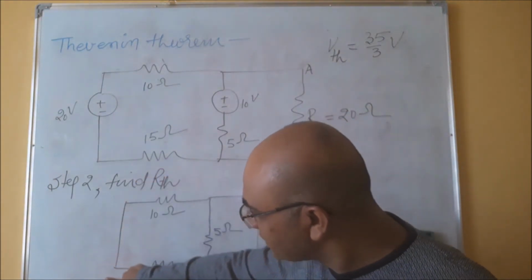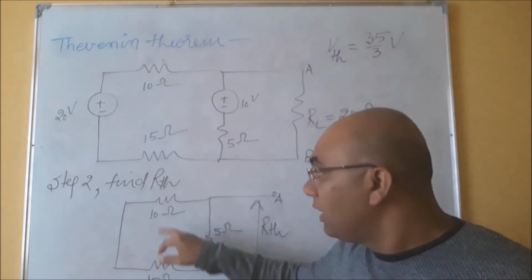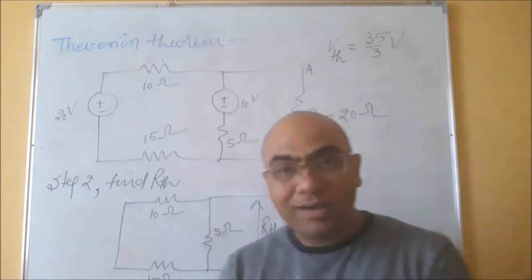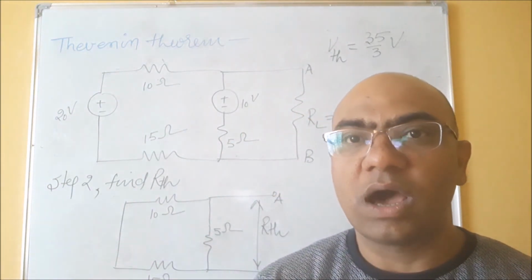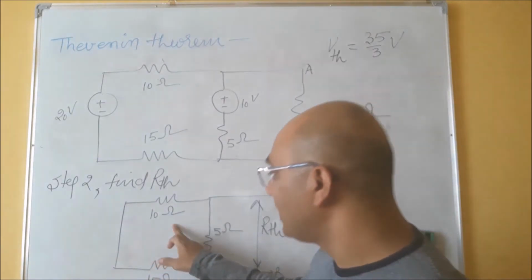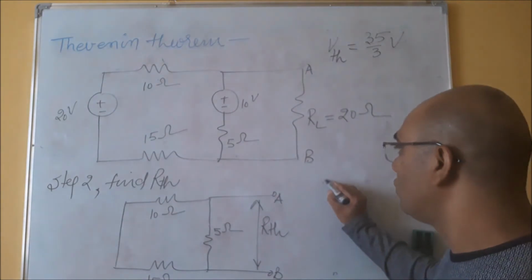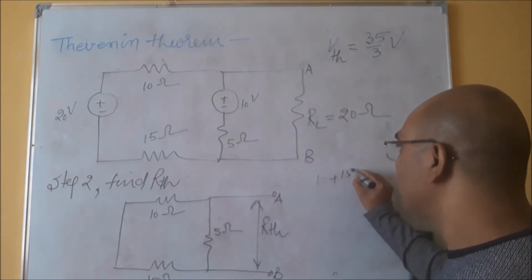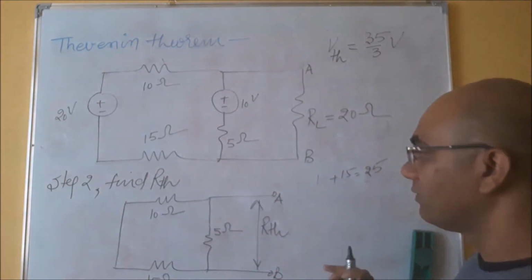What does it mean? This means the current is common in the 10 ohm and 15 ohm, and common current means these resistances are in series. So 10 and 15 ohm are in series, and for series we simply add. So 10 plus 15 will be 25.